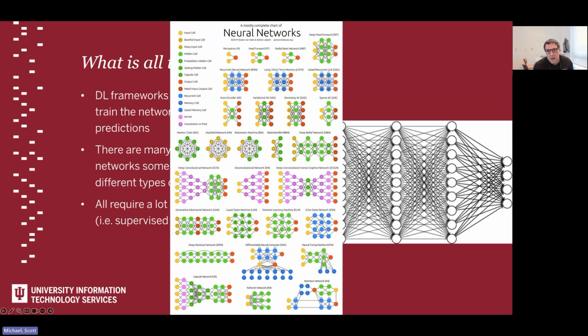The takeaway here is that all of these architectures operate in largely the same way, in that they need a large amount of training data to determine the model weights, and then once the model's been trained, you can use it to infer results from new inputs.